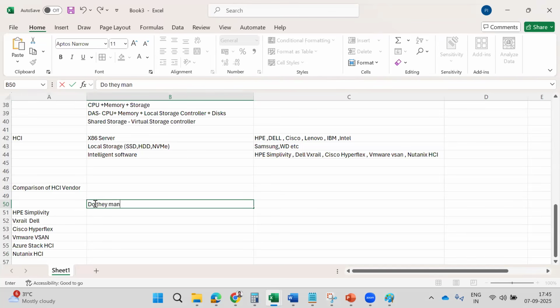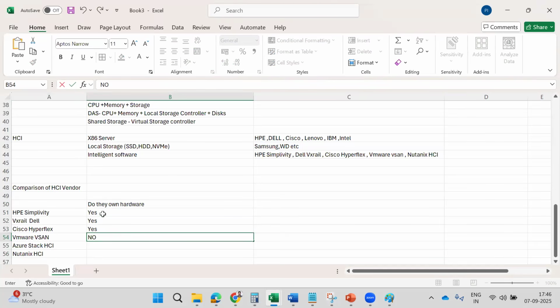Do they own or manufacture hardware? HP SimpliVity, yes, their major business is manufacturing hardware, the servers. Dell VxRail, yes. Cisco HyperFlex, yes. VMware vSAN, no. VMware does not manufacture or sell any hardware.